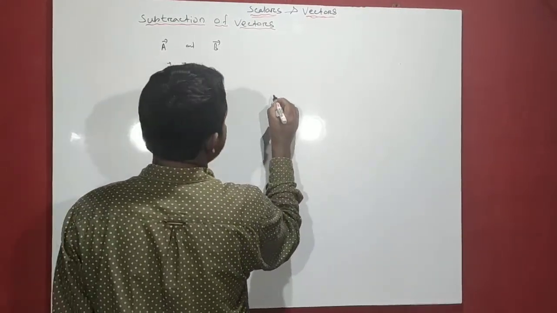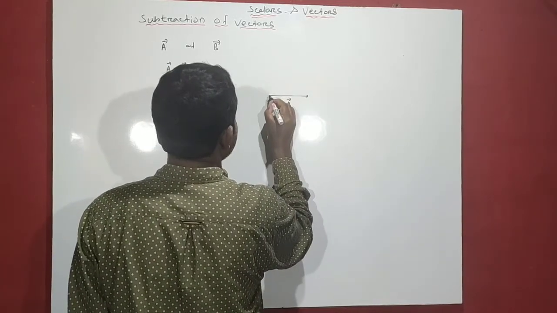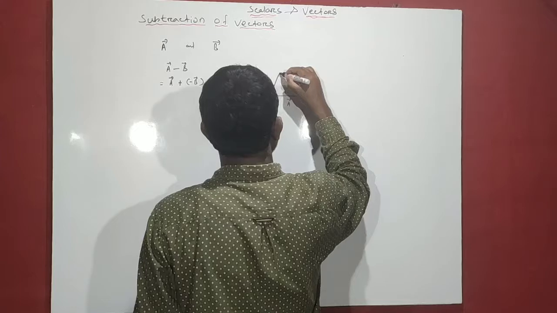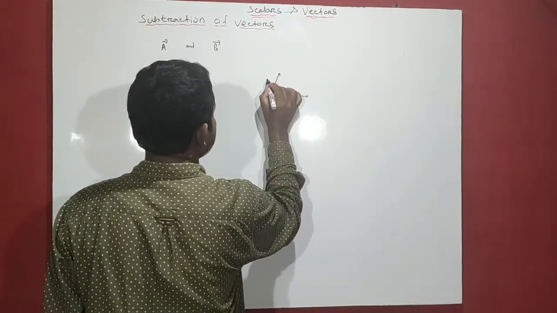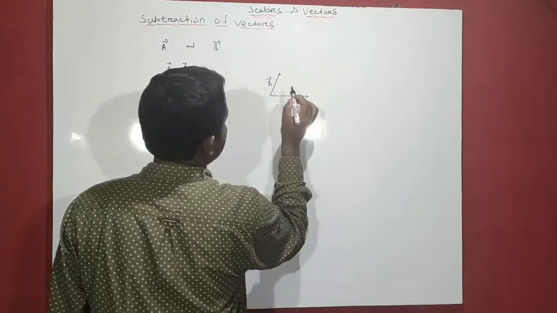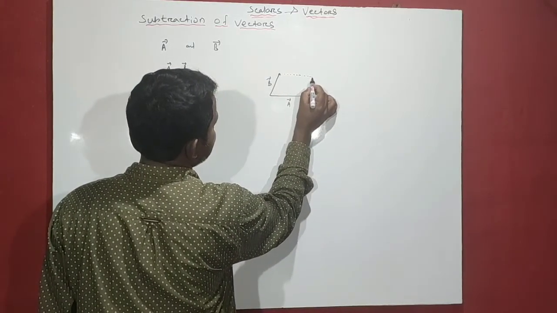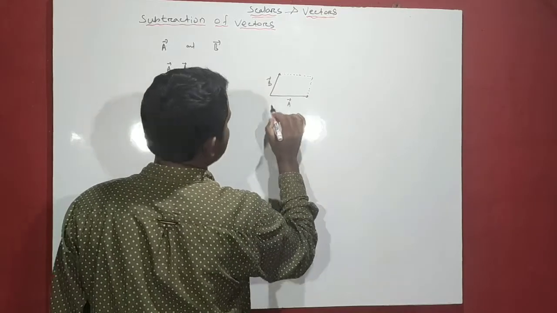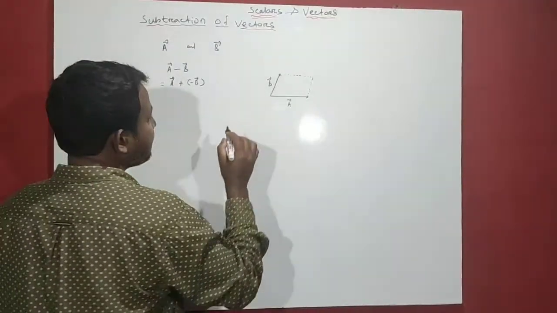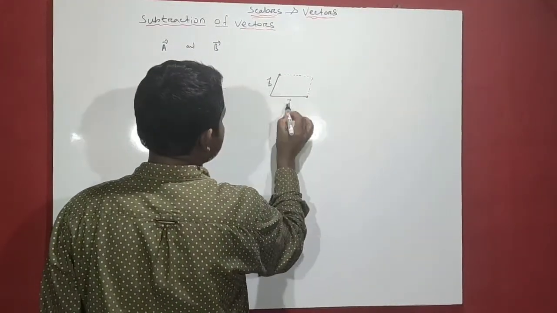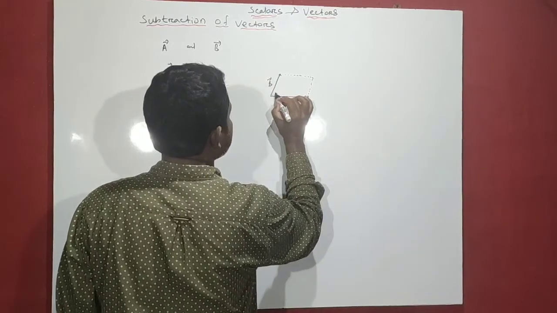Its geometrical representation will be that this is A and this is B. In vector addition, the resultant of A plus B is the diagonal passing through the intersecting point of A and B towards the opposite vertex.